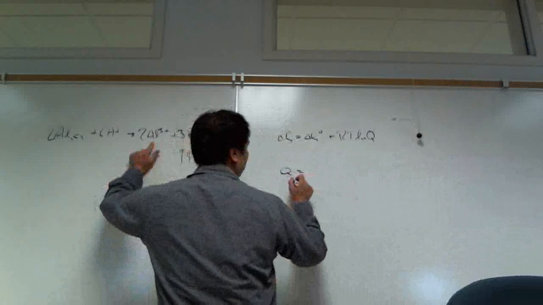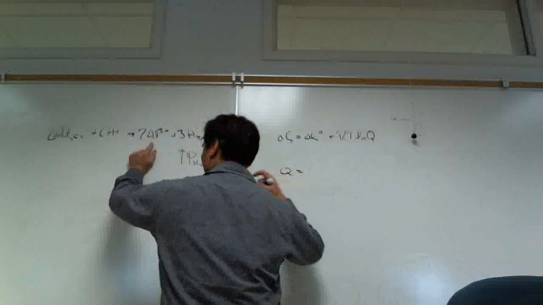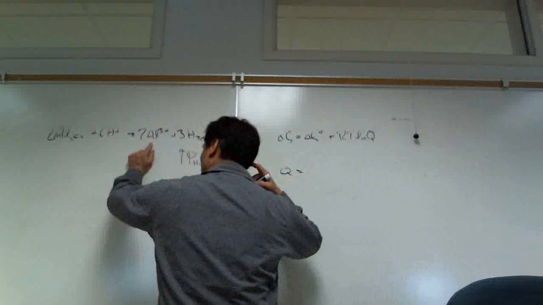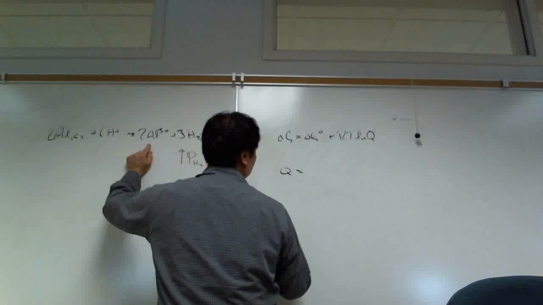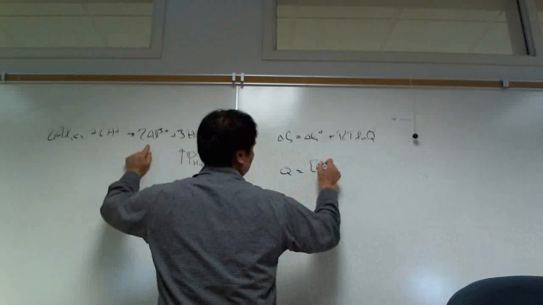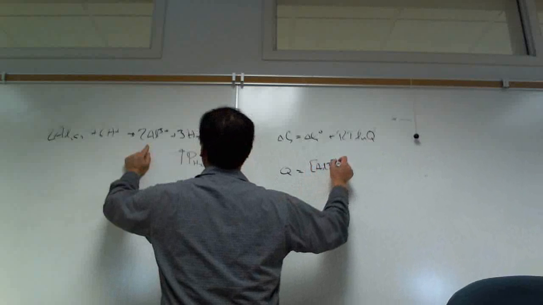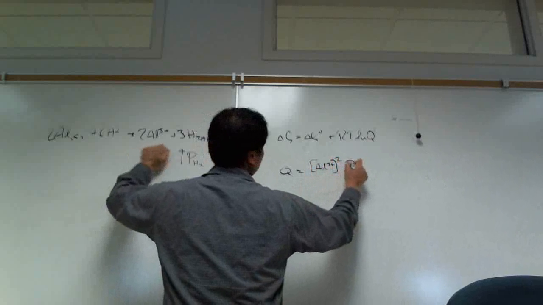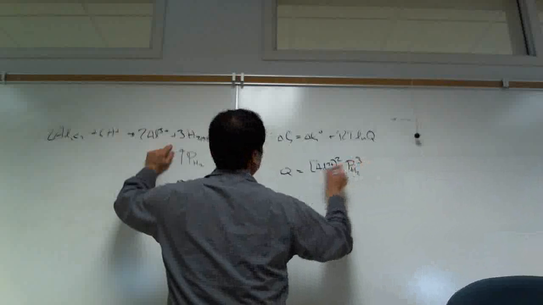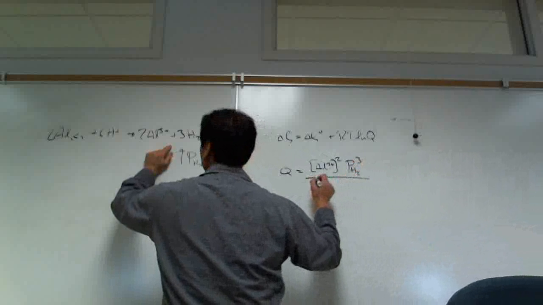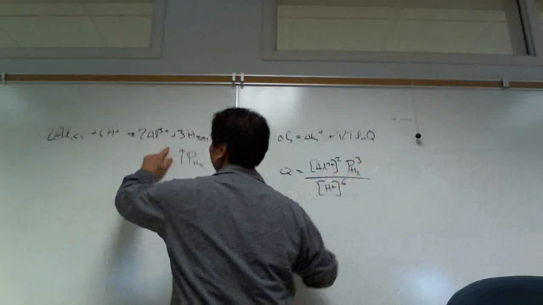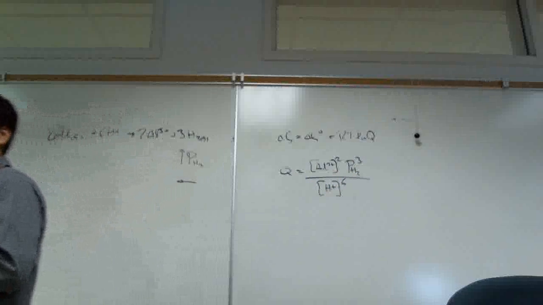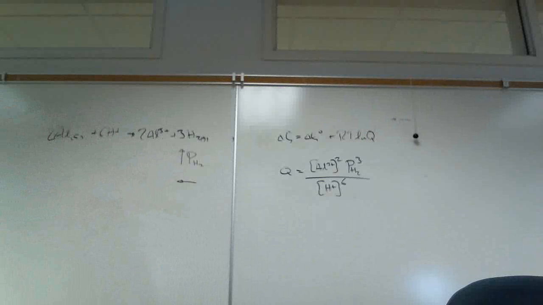This is the thermodynamic Q. It's going to be the concentration of Al3 plus, squared, times the partial pressure of hydrogen, cubed, divided by the concentration of H plus to the sixth.